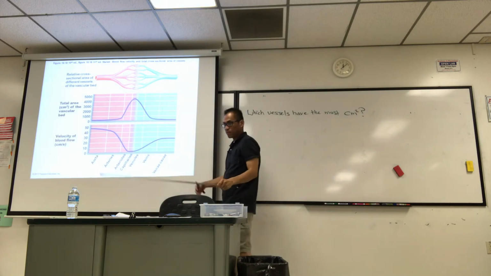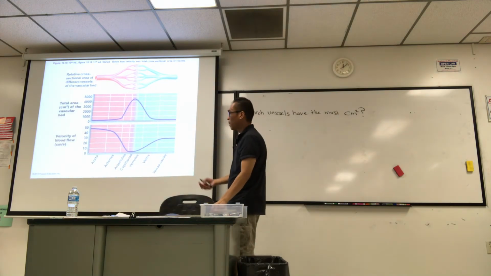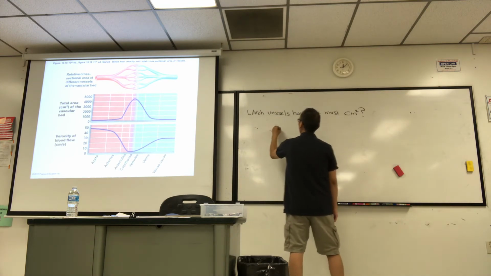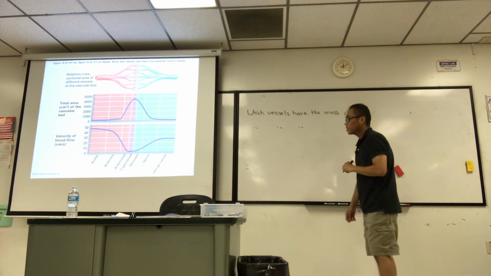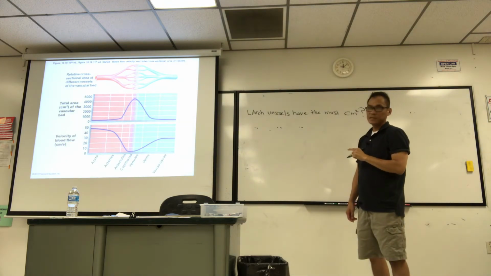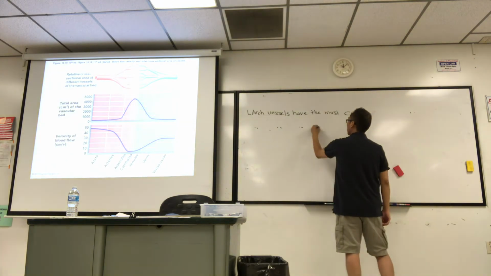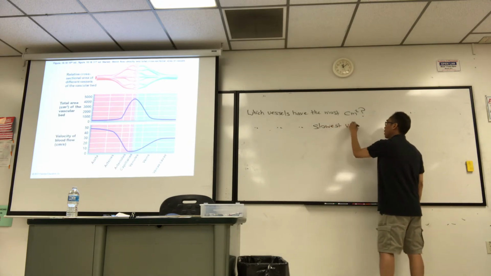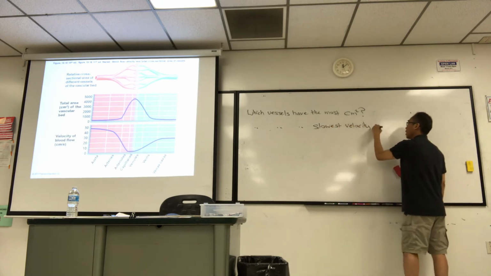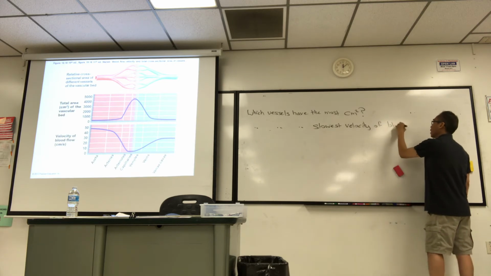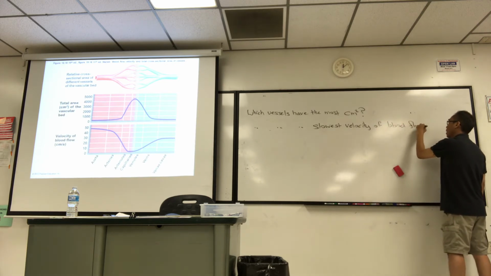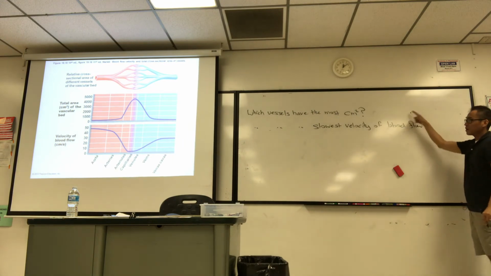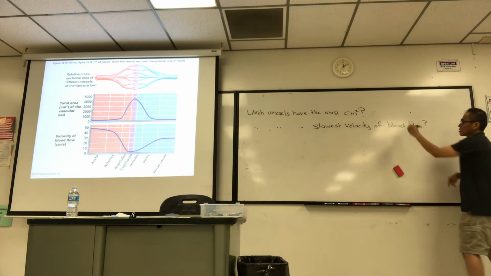So the smallest ones have the most area, if you can remember that. Another one is, which vessels have the slowest velocity of blood flow? The answer for this one and this one is both capillaries.